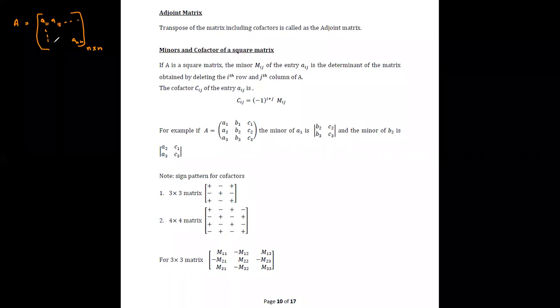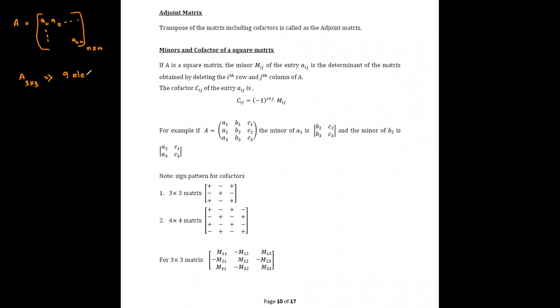Here, what we are going to identify is the minors. When identifying the minors, you have to obtain the minor for each and every given entry. Suppose A is a 3 by 3 matrix; then there will be 9 elements.